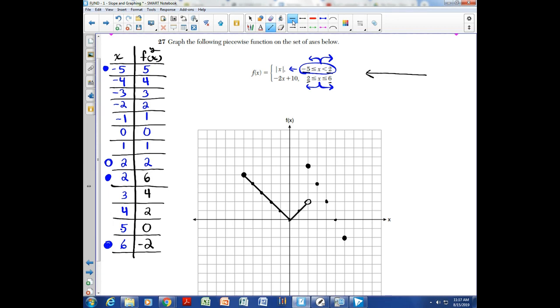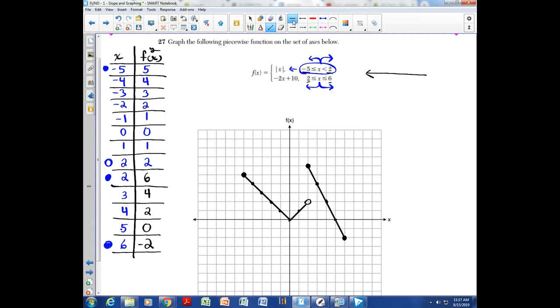Now remember, at +2, we have 2 points, one that's not included and one that is included, but we are not going to draw a vertical line. Remember, vertical lines are not a part of functions, but we're going to jump. This is this little jump up to our 2, 6, and then we're going to finish our line right there.